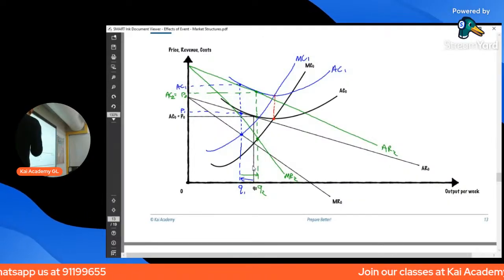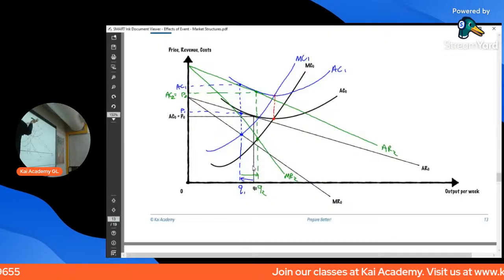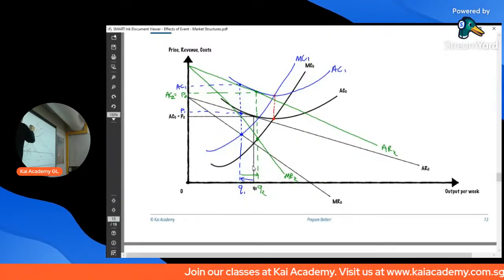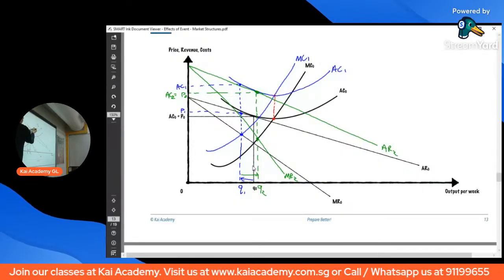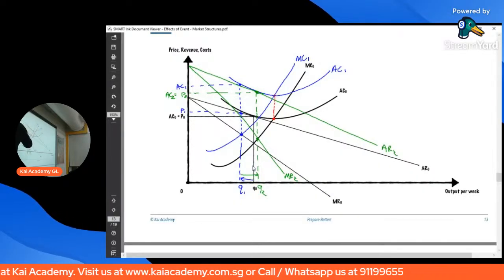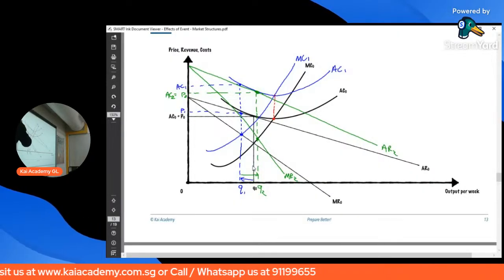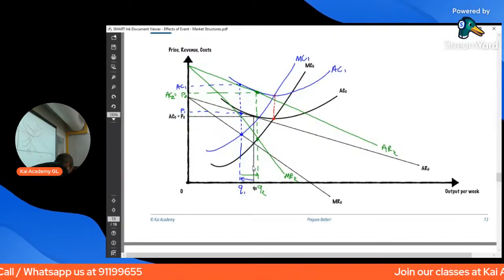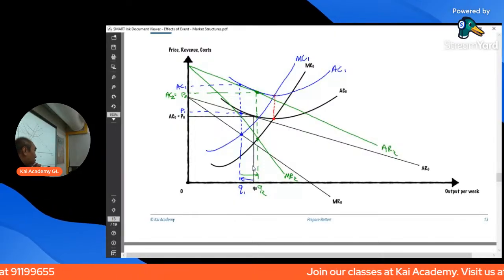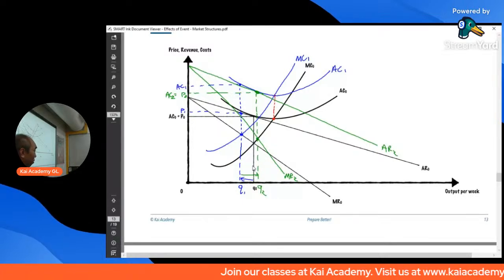In the long run, the average cost shifts up, right? But then we'll have a movement along the curve to reach a new level on the AC curve such that the new AC increase to AC2 is matched exactly by P2, the new price change. So that means in the long run, ultimately, the firms will still pass on all the cost changes back to consumers.